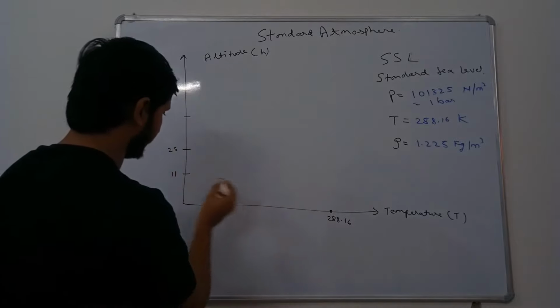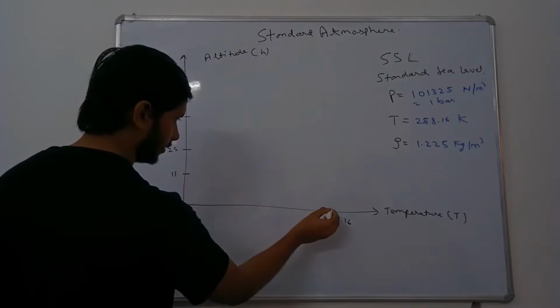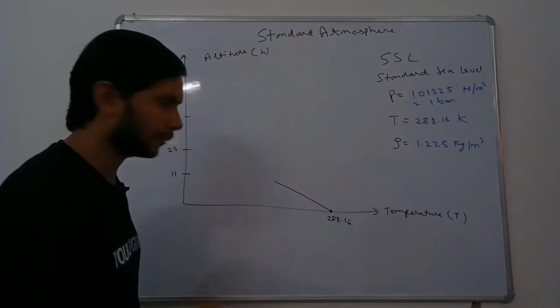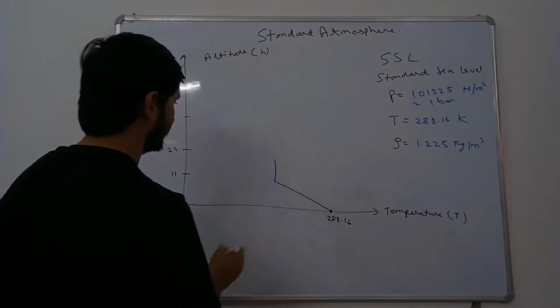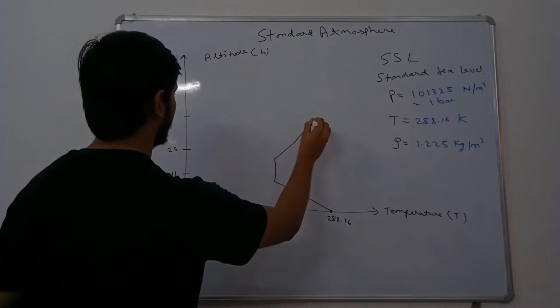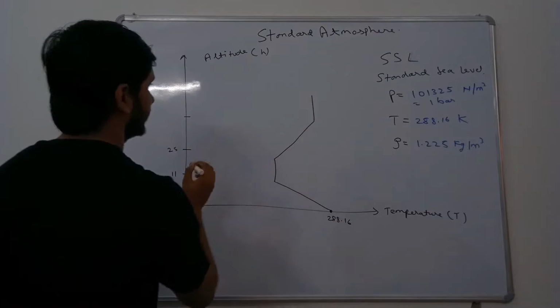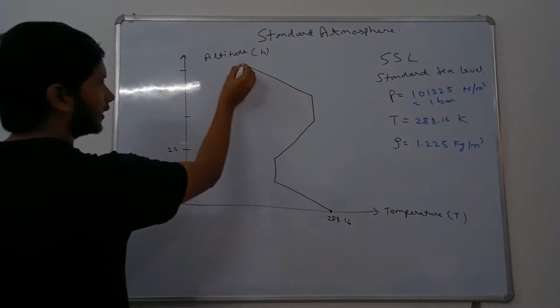What happens is the temperature first decreases, then from 11 to 25 it remains constant, then it again increases, then again remains constant, and after that it again decreases.